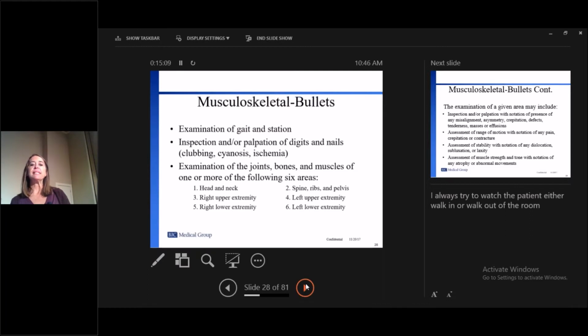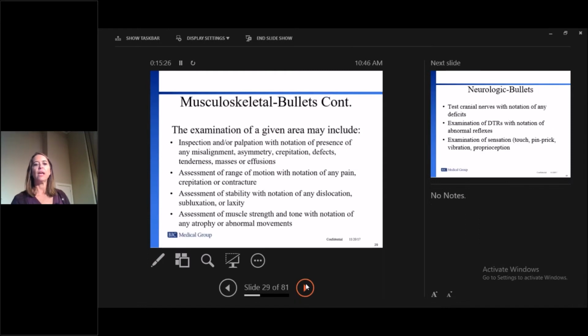And then as far as exam for joints, bones, and muscles, 1 or more of the 6 following areas. So you get a right upper, a right lower, a left upper, a left lower. You get your spine, ribs, and pelvis all in one section, and you get head and neck in another. For these, you can document on inspection and palpation. Are they having any crepitus? Any tenderness? How's the range of motion?